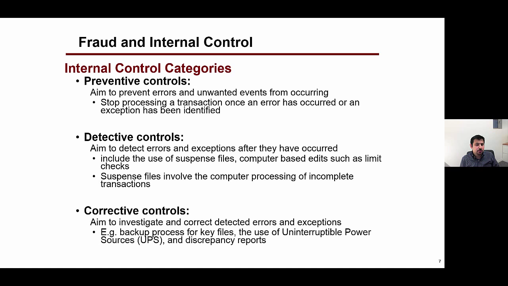At this point, the payment will go through, but a detective control later on will try to find this anomaly or this exception, and it will identify it after it has actually occurred. At this point, the company can take corrective measures, and the goal of corrective controls is to investigate and correct any detected errors.